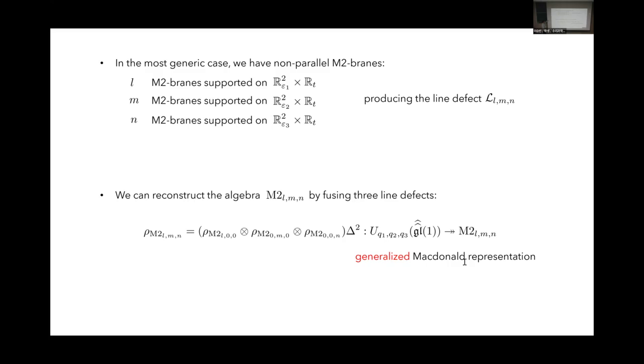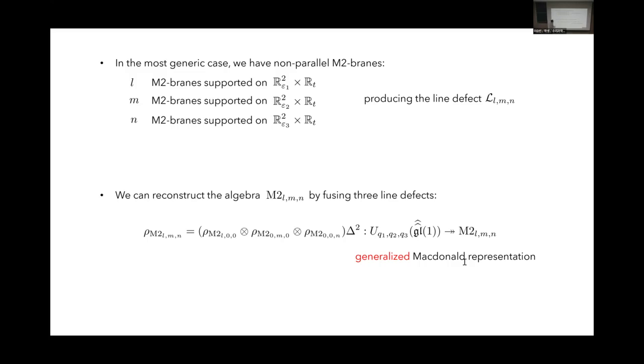The algebra supported on each stack of M2 branes will be a spherical DAHA. But these spherical DAHAs have q parameters which play different roles. Each factor is a spherical DAHA, but the roles of the q parameters permute. So they are different algebras in that sense, if you want to put them together.